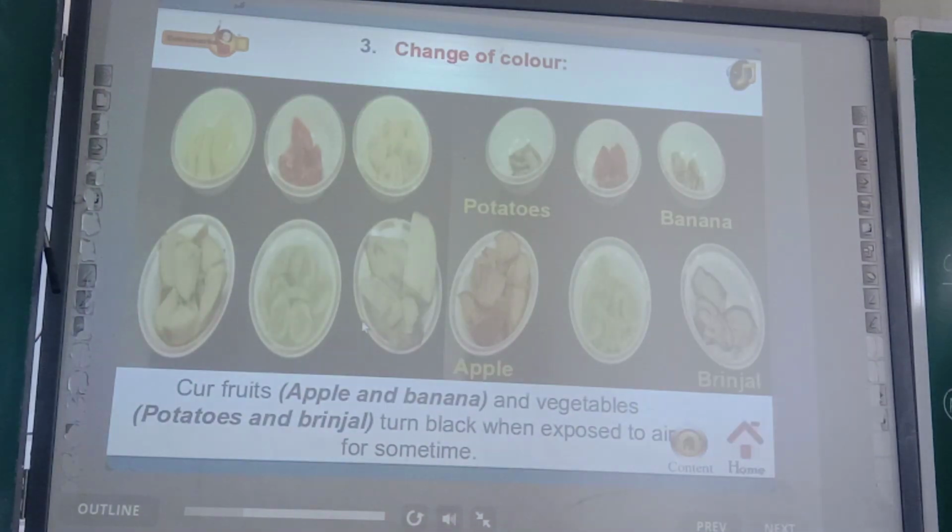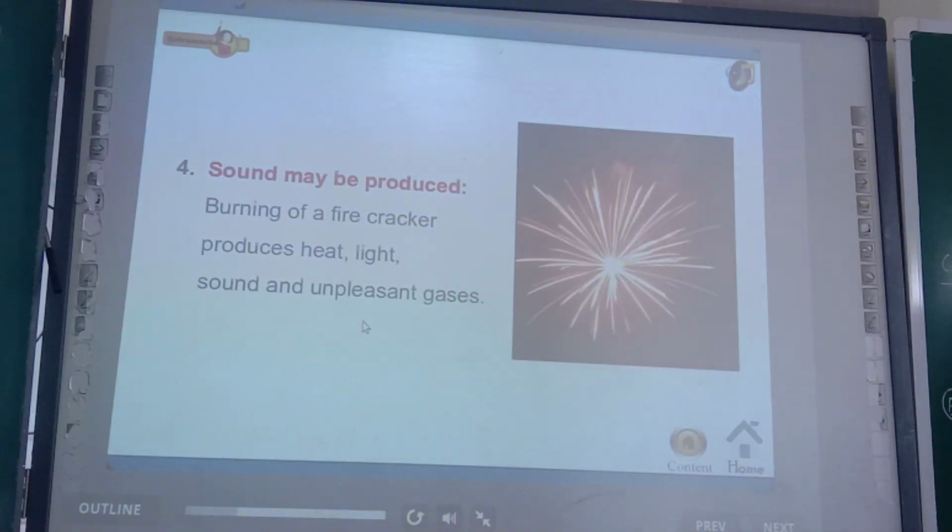Cut fruits and vegetables turn black when exposed to air for some time. So apple, banana, and vegetables like potatoes and brinjal turn black when exposed to air for some time. Burning of a firecracker produces heat, light, sound and unpleasant gases.